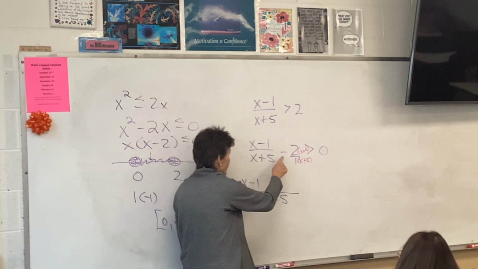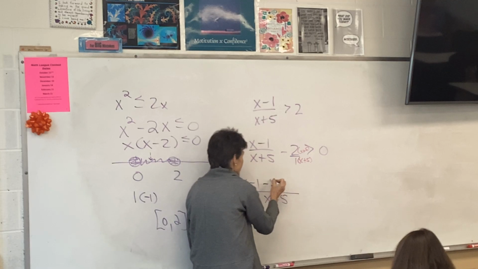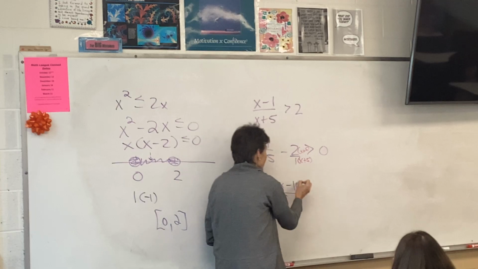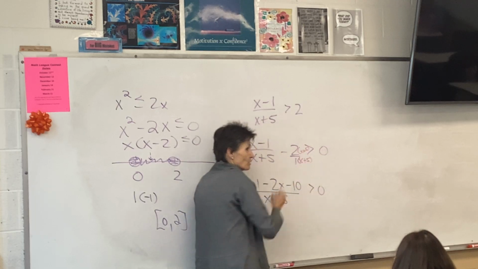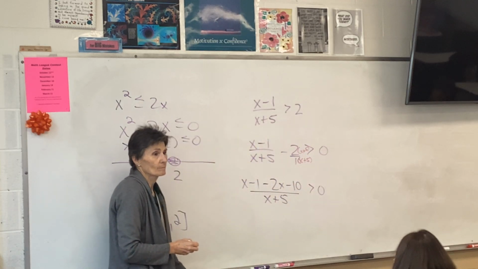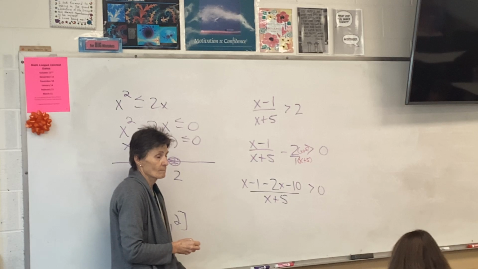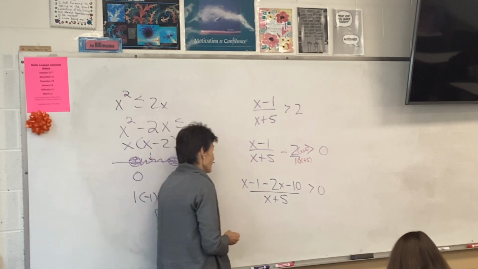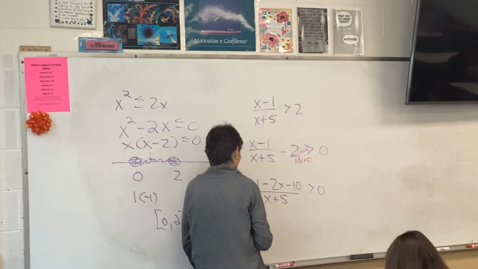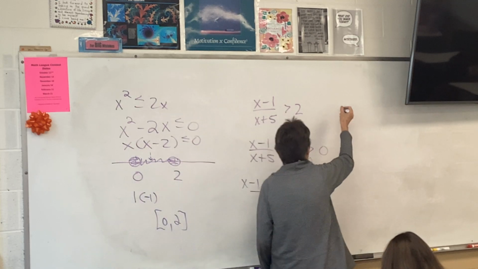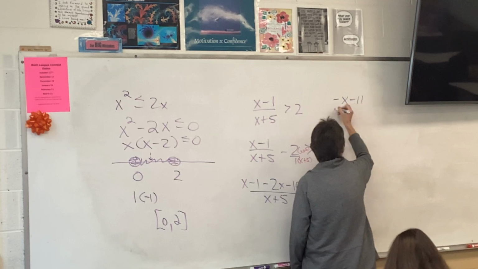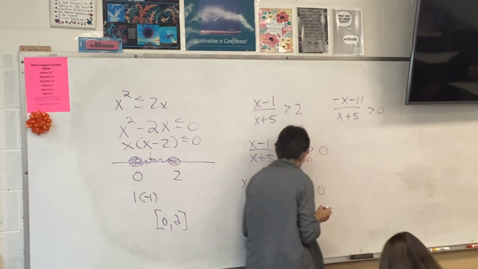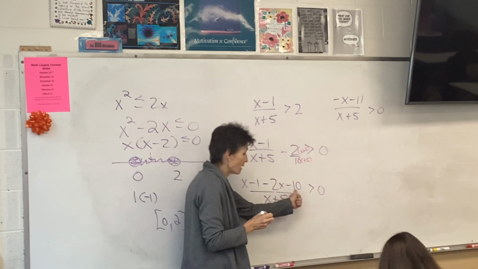X minus 1 and then minus 2x and minus 10. Remember, you're distributing. Right? Okay, what does that make when I clean it all up? Negative x minus 11.